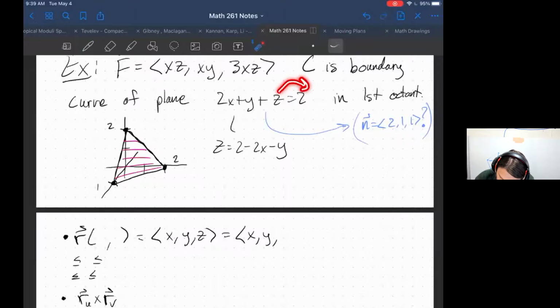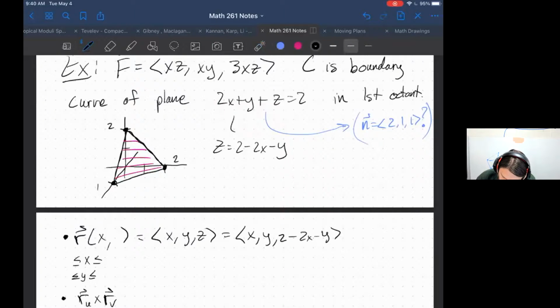Either way, you get 2 minus 2x minus y. And this works out nicely. The shadow in the xy plane is this triangle, so that's okay. We have the x and y bounds, and we can just go to the x and y axes here. Oh, that's not actually true.